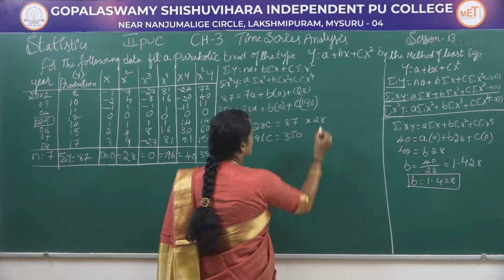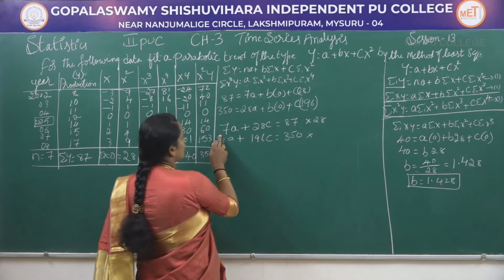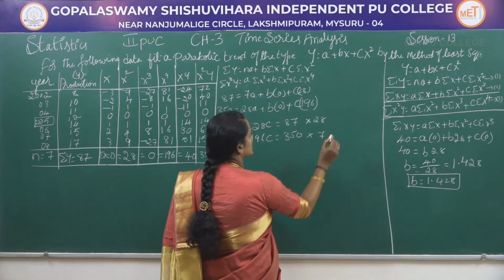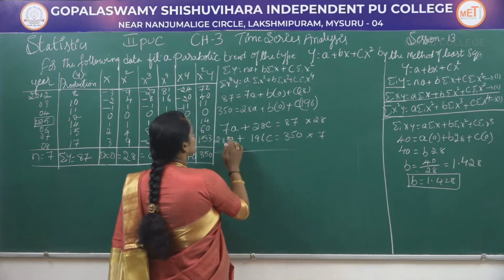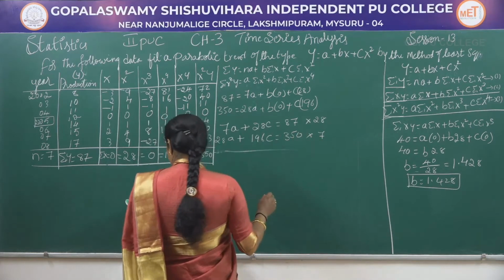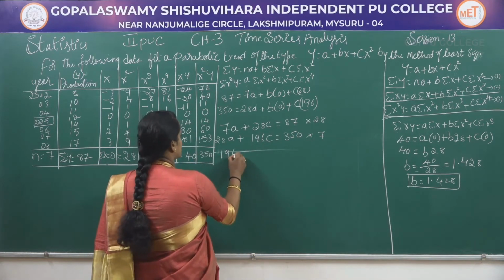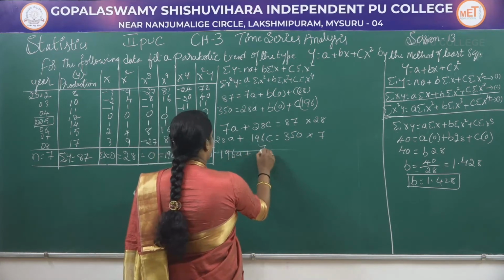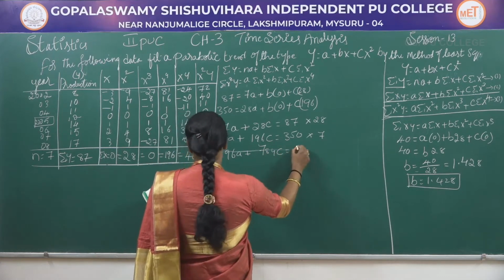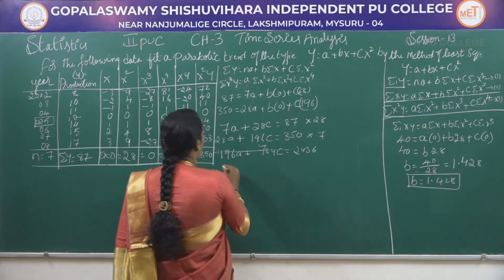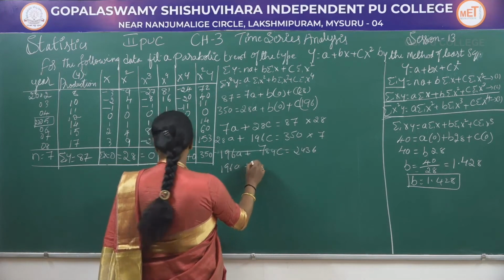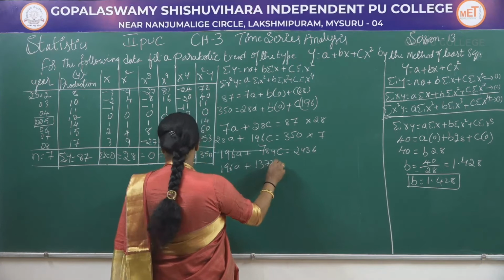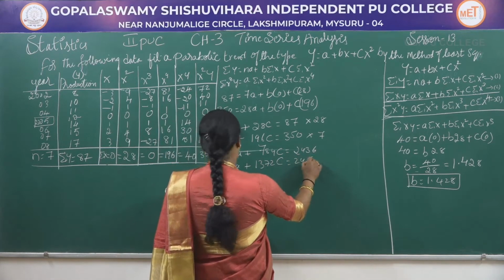I will multiply the first equation by 28 and the second equation by 7. So 7 into 28 is 196a plus 784c is equal to 2436, and again 28 into 7, 196a plus 1372c is equal to 2450.